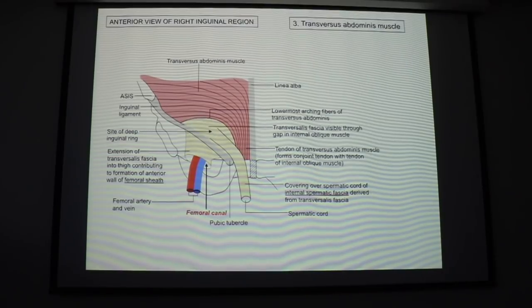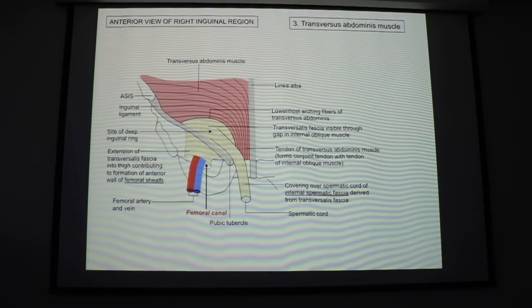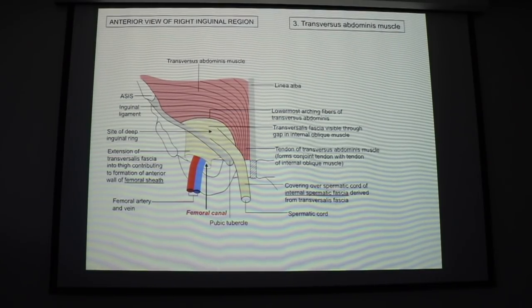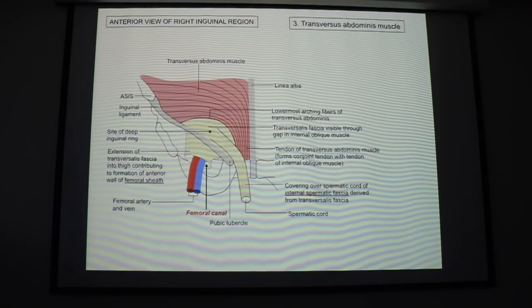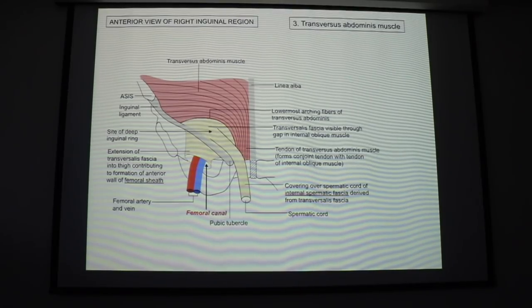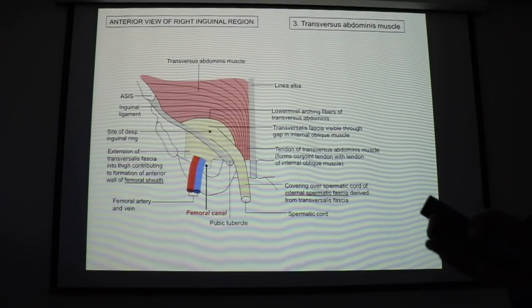Make sense? Yes. So now if someone asks you how you differentiate a femoral hernia from an inguinal hernia: anything lateral, and it's not going to the scrotum. A femoral hernia will never go to the scrotum, because it is far away from the scrotum.